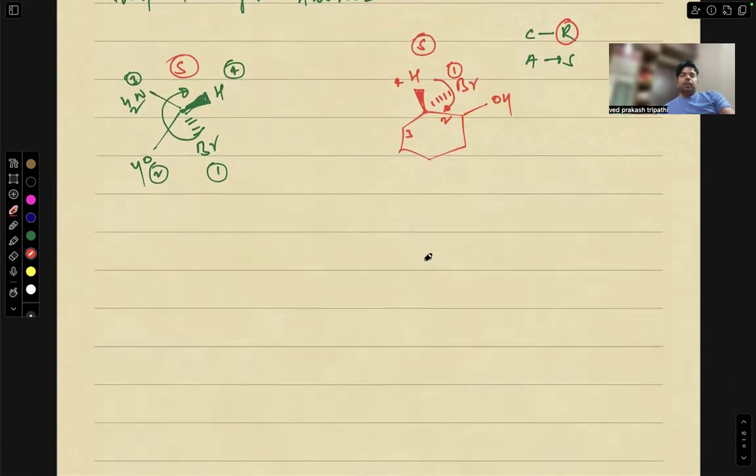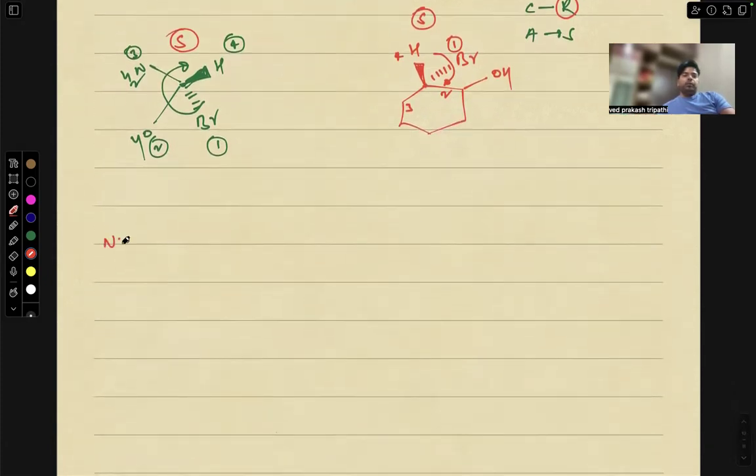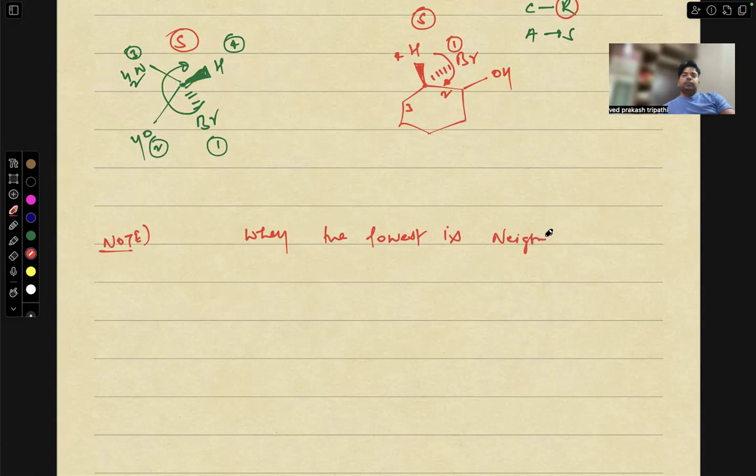Okay. Now the very important point, when the lowest is neither wedge nor dash.